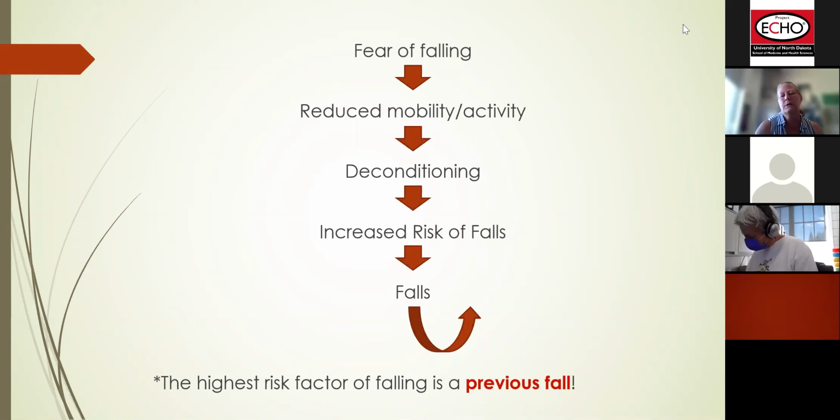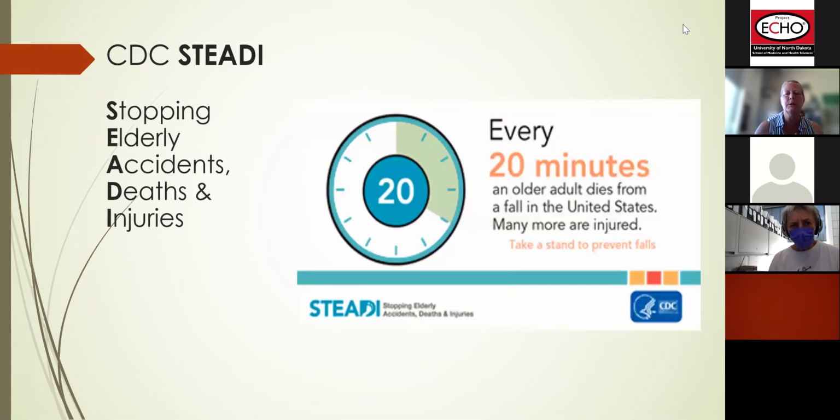One of the highest risk factors of falling is having a previous fall. So it's very important that we intervene to prevent that cycle from occurring, because the person is going to get weaker, get less mobile, and create further problems.